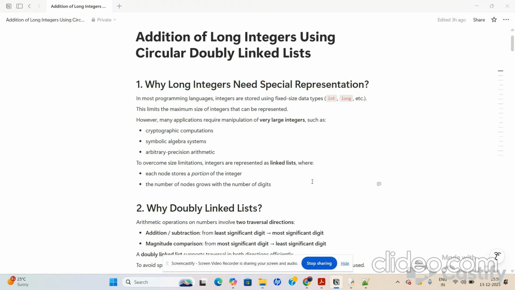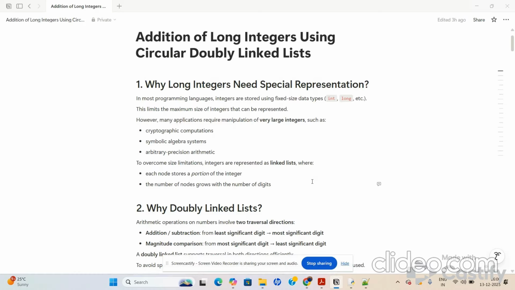Okay, so before moving ahead, first we need to understand why long integers need a special representation. See, in most programming languages, integers are stored using fixed size data types such as integer, float, double, long.